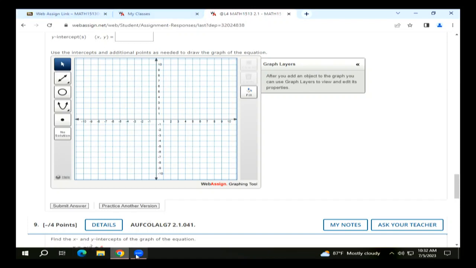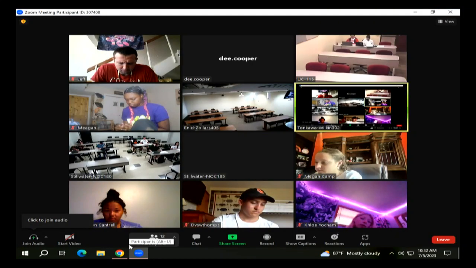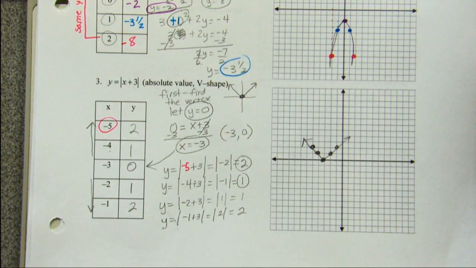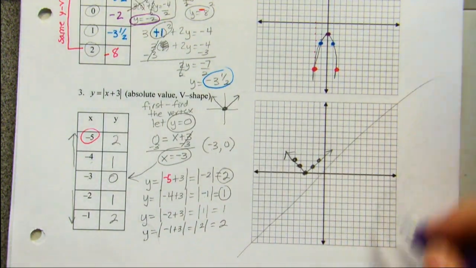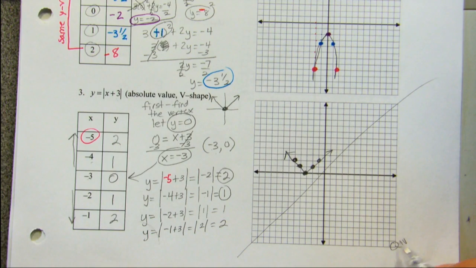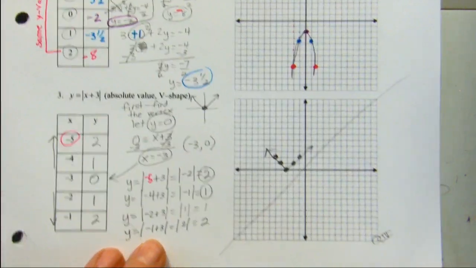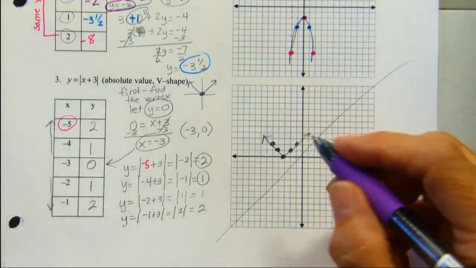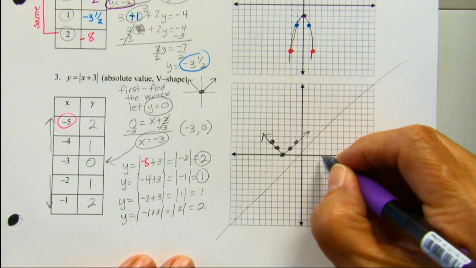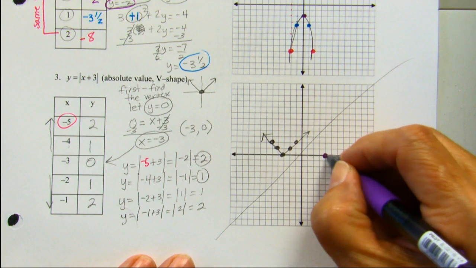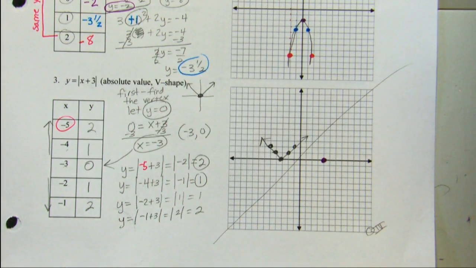So let me get back to my Zoom link and get back to my document camera. Before you turn the page, I'm going to use this quadrant 4. In quadrant 4, I want you to go on the x-axis, go over 1, 2, 3, 4 points and make a dot.